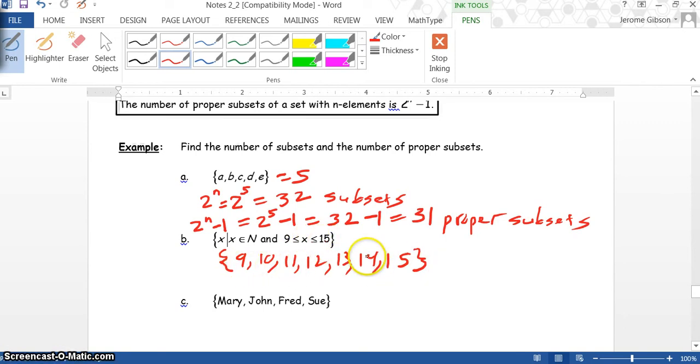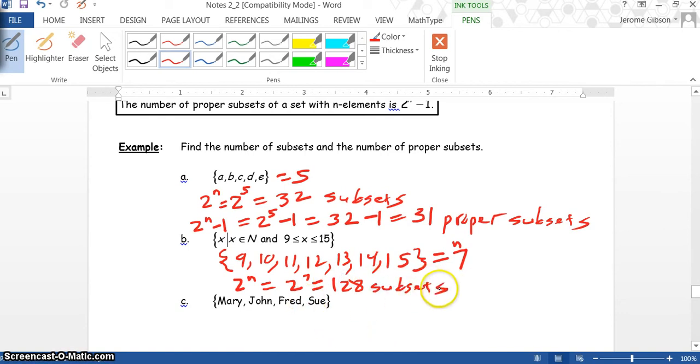So these are all the counting numbers, and we know this N means counting numbers. Now we count how many elements we have: 1, 2, 3, 4, 5, 6, 7 elements. So we know this is our n, which is 7. Now, to find our subsets, we go 2 to the n, which is equal to 2 to the 7, which is equal to 128. So it's 128 subsets.